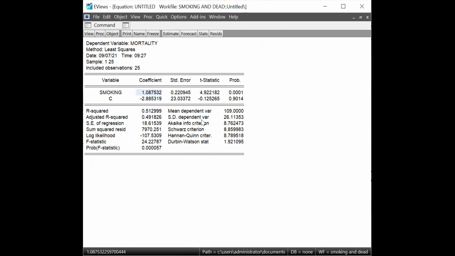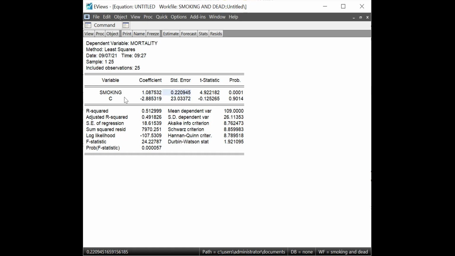Okay, we have the standard error. We call the intercept beta 1. The smoking coefficient is beta 2. Standard error of beta 1 is 23. Standard error of beta 2 is 0.22 something. And we have the T statistic.